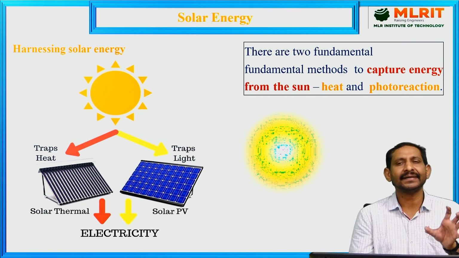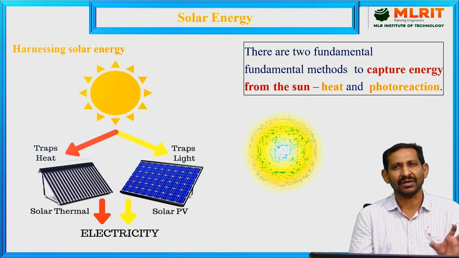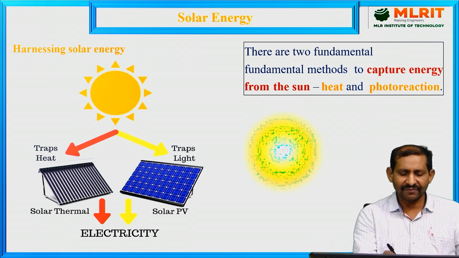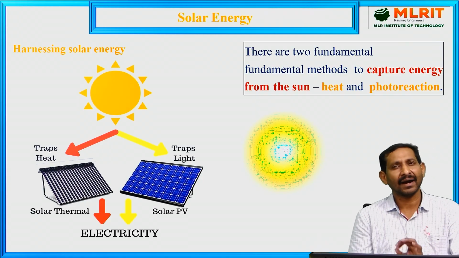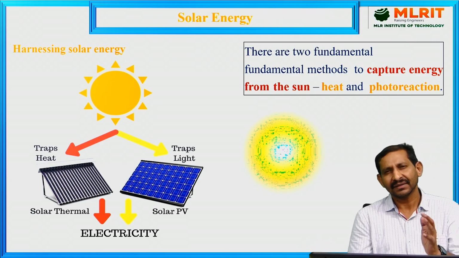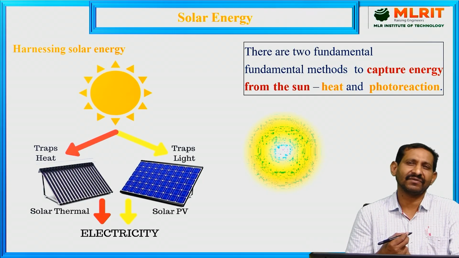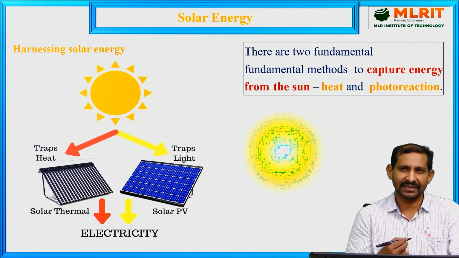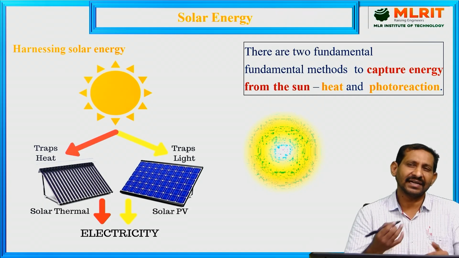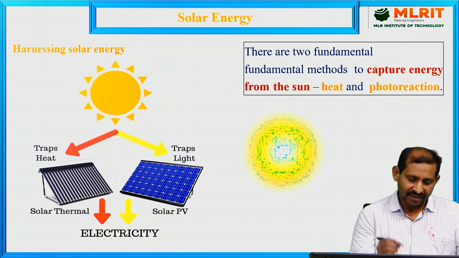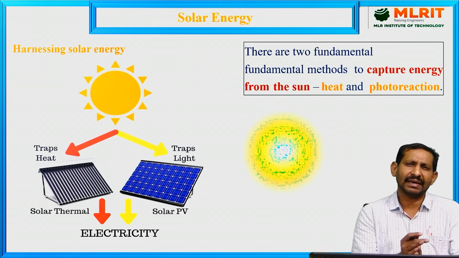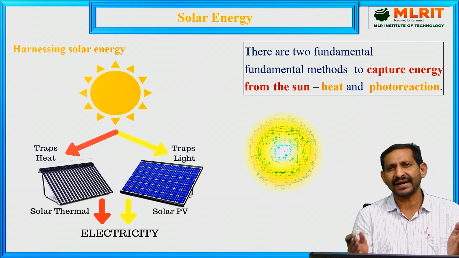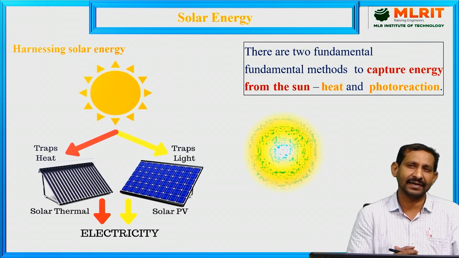So heat trapping materials are used for that purpose. Another one is light trapping, where light coming from the solar irradiance is captured by light trapping materials like photovoltaic cells, and that is converted into electrical energy. In both cases, either heat energy or light energy is finally converted to electrical energy.